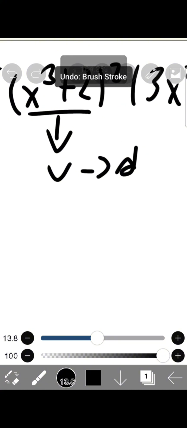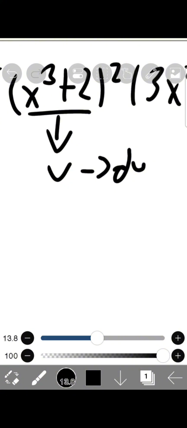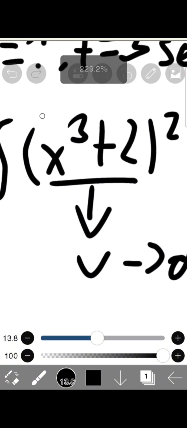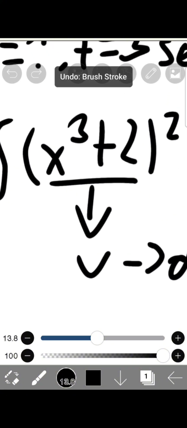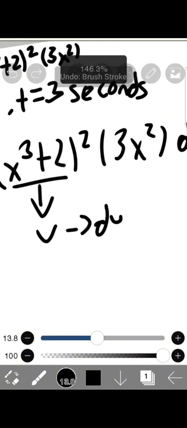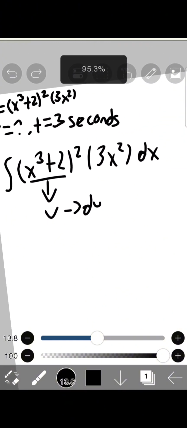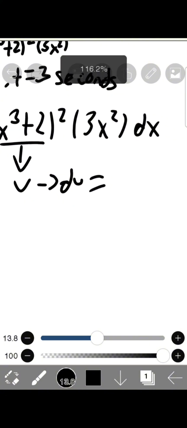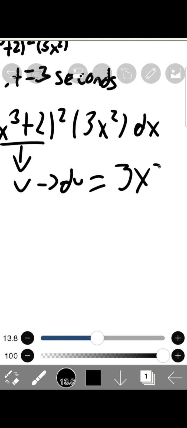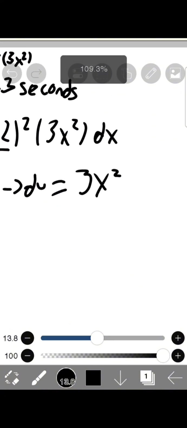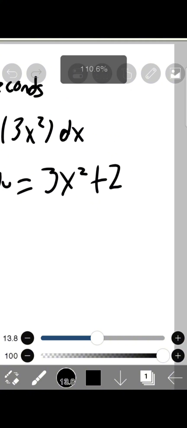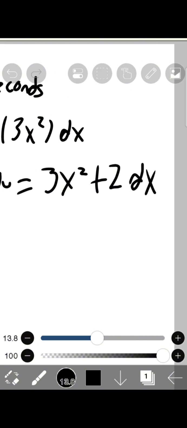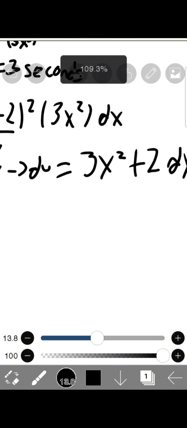When we say du, we're differentiating what's inside the u. So we need to take the derivative of what's inside this quantity. The derivative of x cubed plus 2 is simply 3x squared plus 2 dx. Yes, we need to include dx because this will be important.